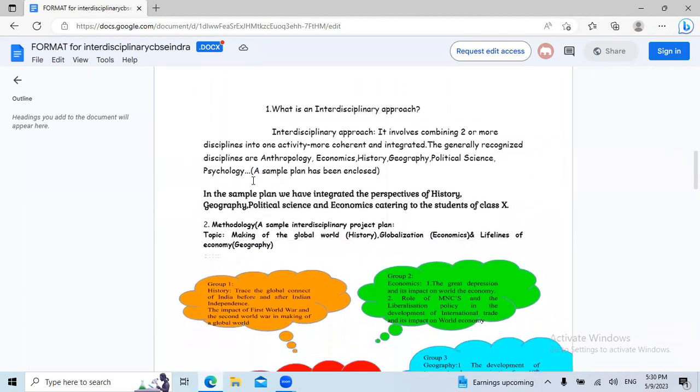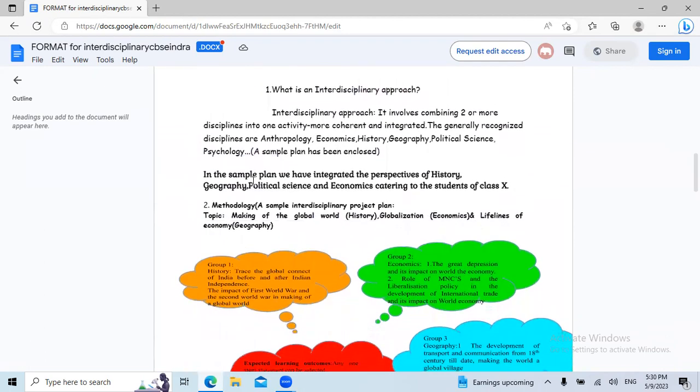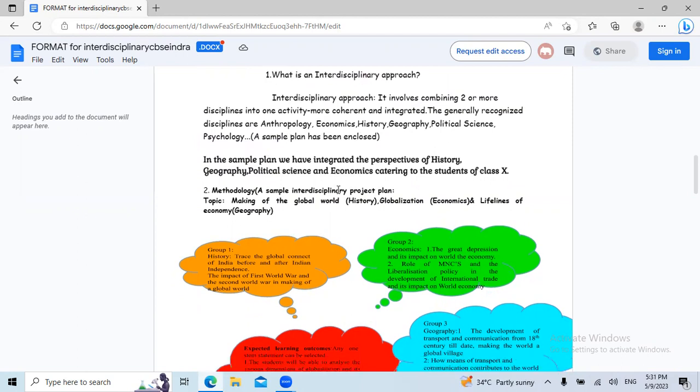Now, in detail, downside, it has been given what actually the interdisciplinary approach is. The interdisciplinary approach involves combining 2 or more disciplines into one activity, more coherent and integrated. The generally recognized disciplines are anthropology, economics, history, geography, political science, psychology. This is the sample plan.